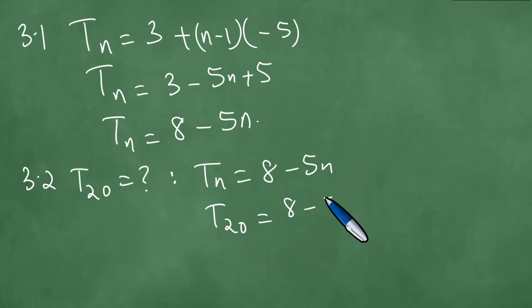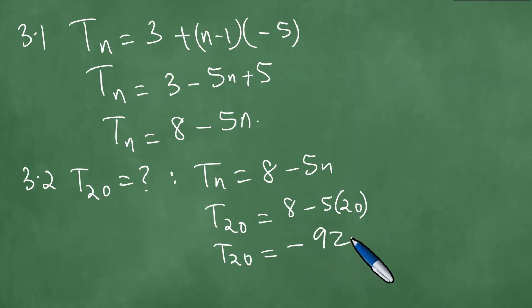It's exactly 8 minus 5 into 20, which is minus 92. So that's what we get.